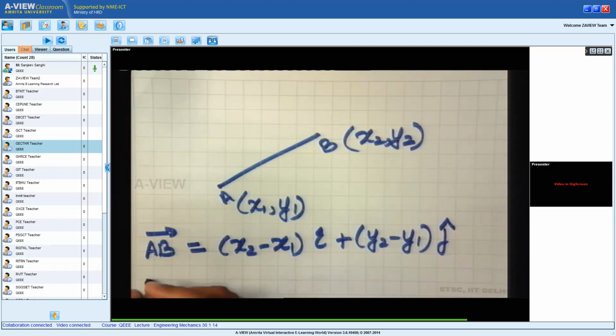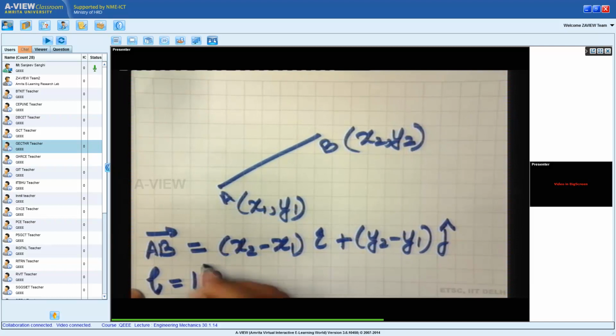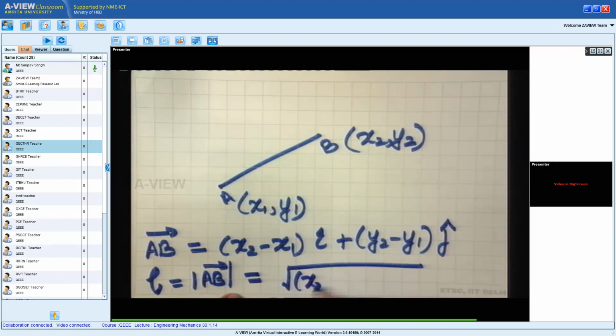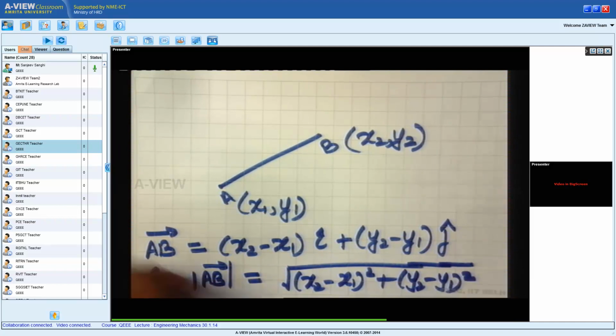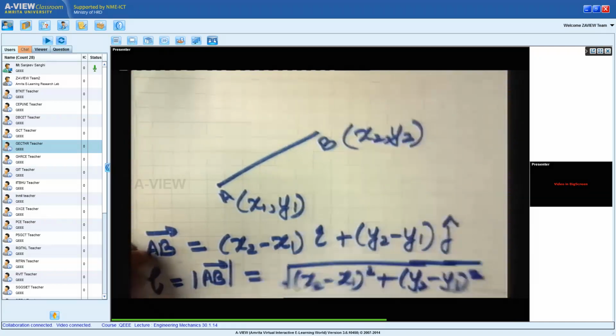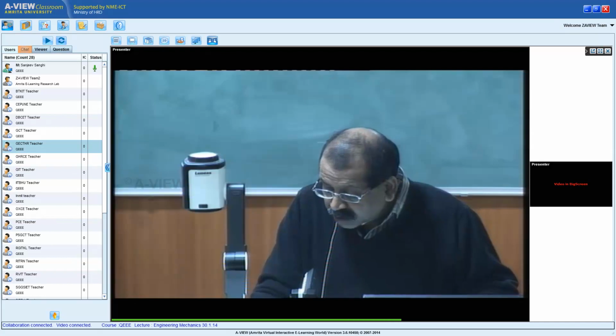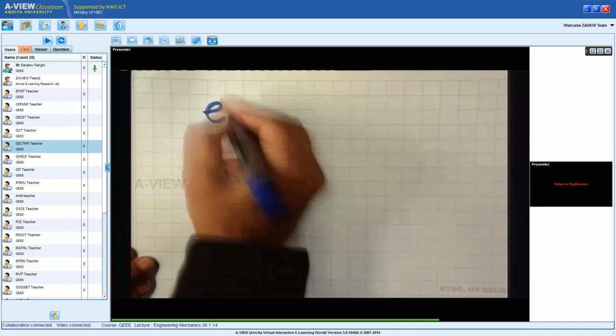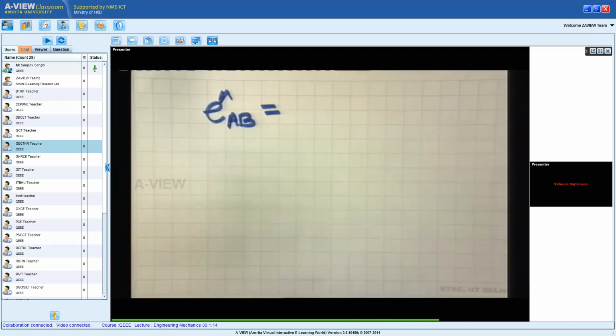Now, if L is the magnitude of AB, what is the length L? This you know from coordinate geometry; it will be equal to the square root of (x2 minus x1) squared plus (y2 minus y1) squared. The next thing we may like to do is find a unit vector along this length AB.